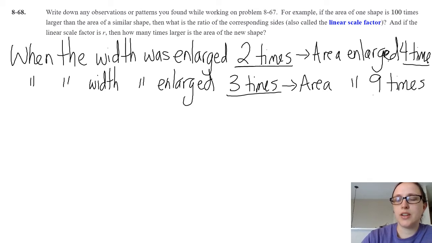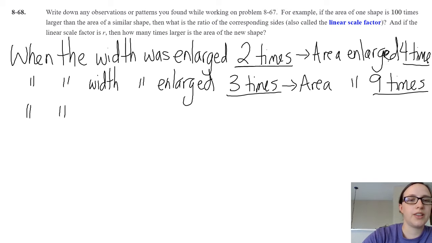So that was the second example of those flags. When we multiplied the width by 3, we actually multiplied the area by 9. All right, and the last flag that we did, the width was 4 times bigger.